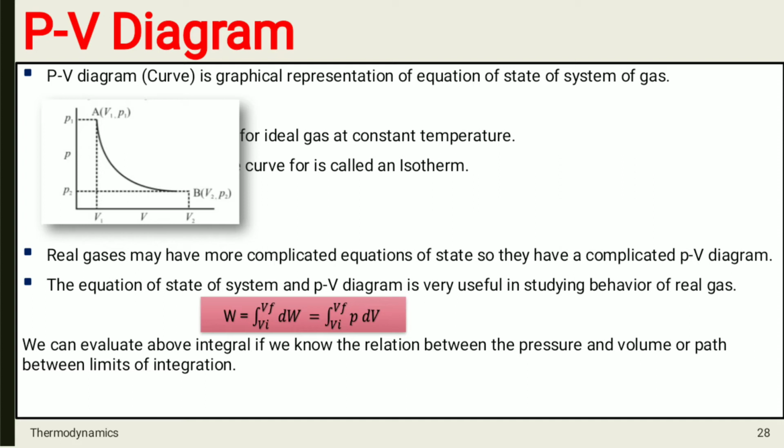Okay, then the PV diagram, which is drawn at constant temperature, or PV curve at constant temperature, is called an isotherm.